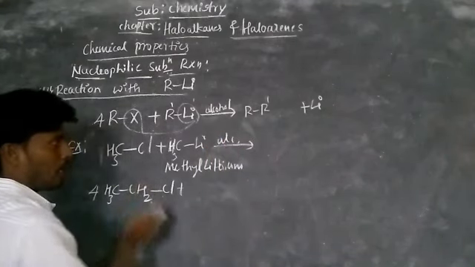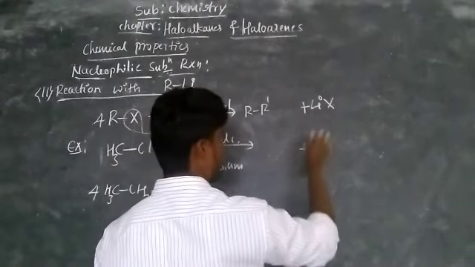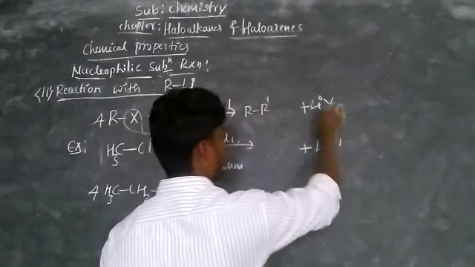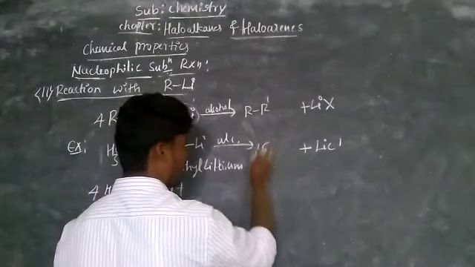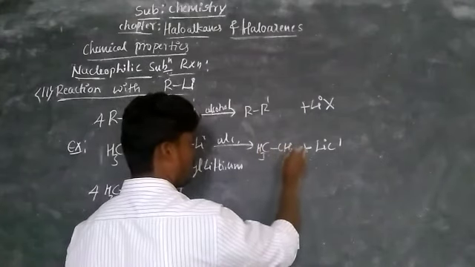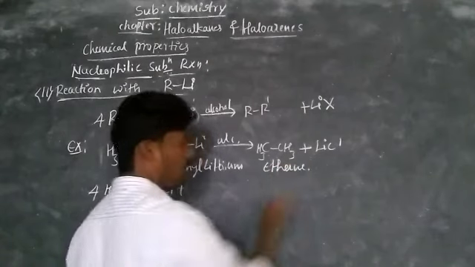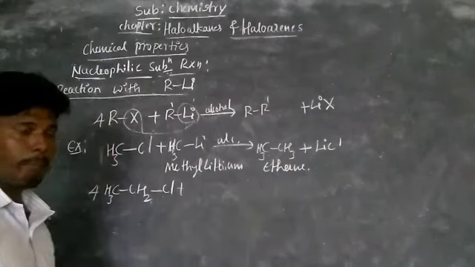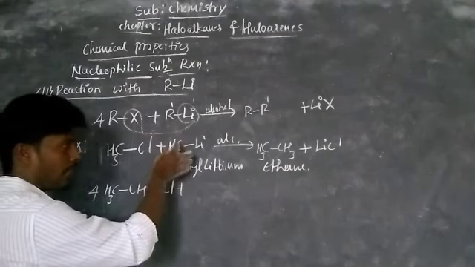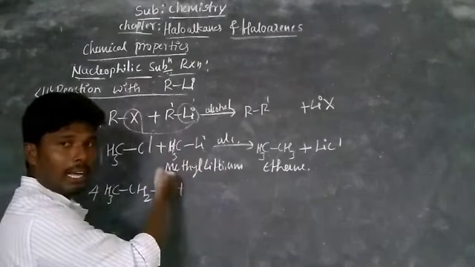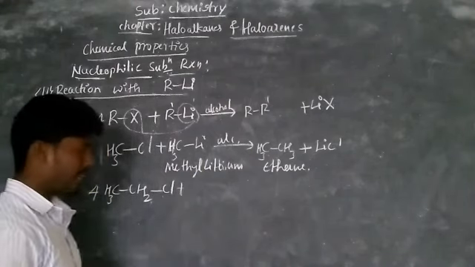Lithium and Cl become lithium chloride, and the remaining thing is CH3 bond CH3. You get ethane here. In the previous example, you get methane; here, ethane. In place of the methyl group, if you take ethyl, propyl, isopropyl, pentyl, any group, you get higher hydrocarbons like that.